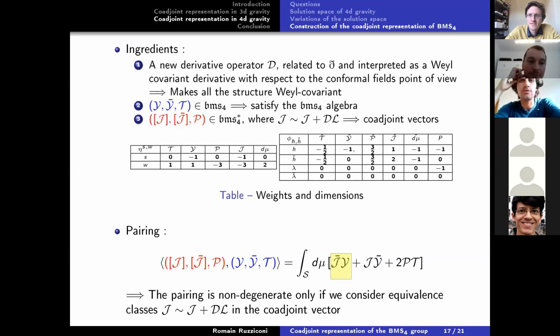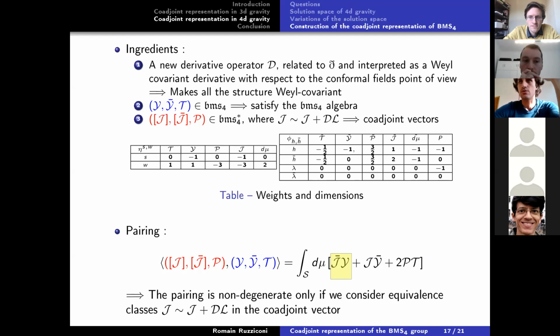Hello. So I have a naive question. The BMS charges are elements in the dual of the BMS group, right? Because you take a Lie algebra element of BMS, you pair them, and you get a number. And so when you have no fluxes, these BMS charges have to be BMS invariant.